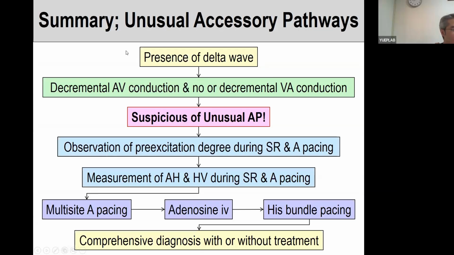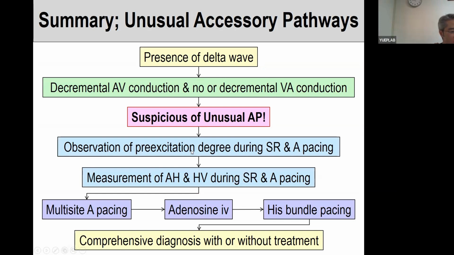This is a summary of my presentation. If we observe the presence of delta wave and AV conduction is decremental and VA conduction is absent or decremental, we need to be suspicious of an unusual accessory pathway.